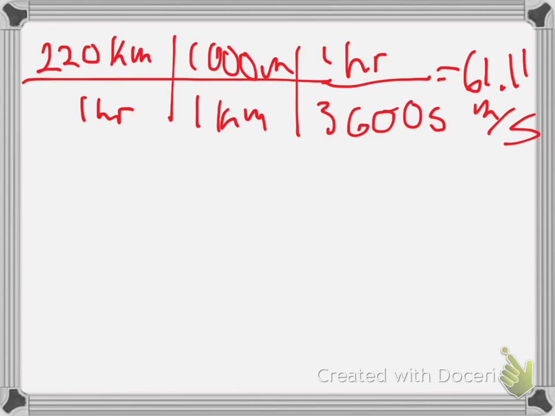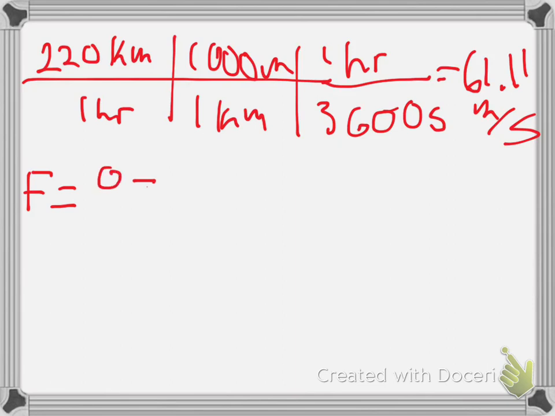So with our new velocity then, we can go ahead and calculate the force, same as we did in the previous problem, right? We'll just take force and we'll say that it's equal to that change in momentum, which we know the final momentum will be 0 because the train has stopped moving.